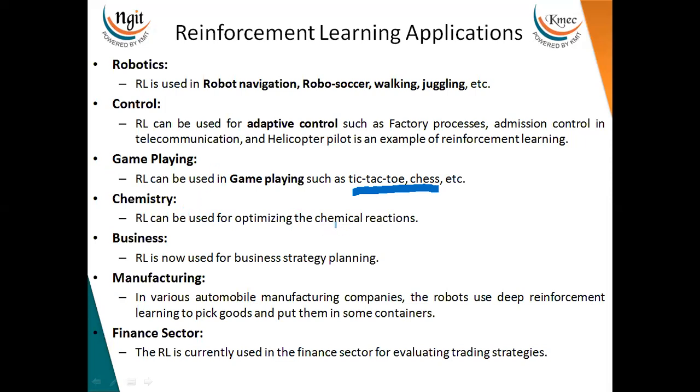Now in chemistry, to optimize particular chemical reactions. In business, to plan a strategy when you are launching a new product, when you are making modifications in the current product, when you want to give some discount on the product, or you want to apply some policy for the employees or customers or shareholders, etc. Then in manufacturing also to automate your task, mainly in automobiles, where you have to pick up a heavy load and store it in some containers.